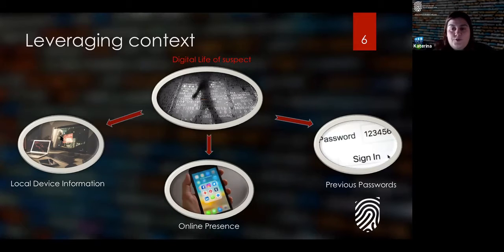And finally, previous passwords, because they can showcase the patterns a person uses when they create a password and the type of modifications they use when they're using similar passwords. And also how many of these passwords they use again and again on different websites.